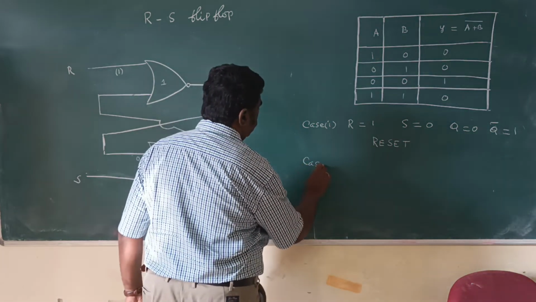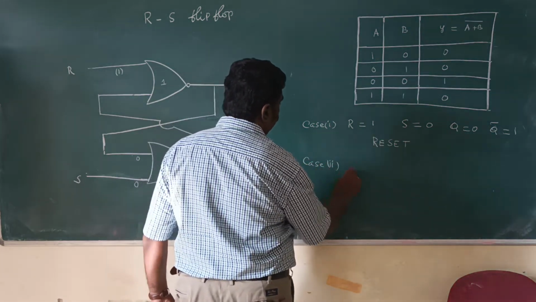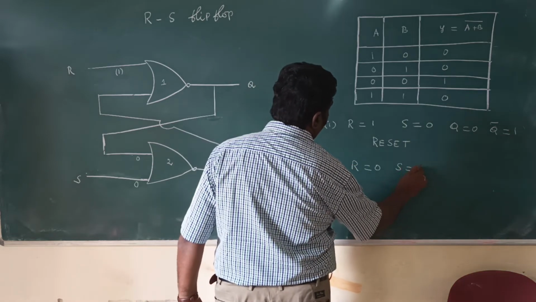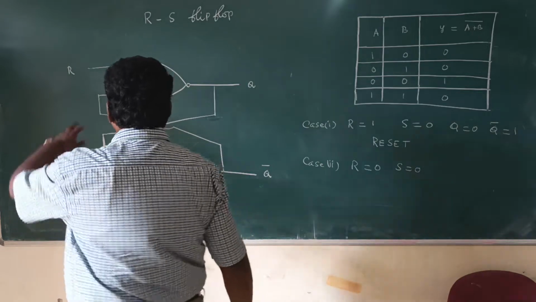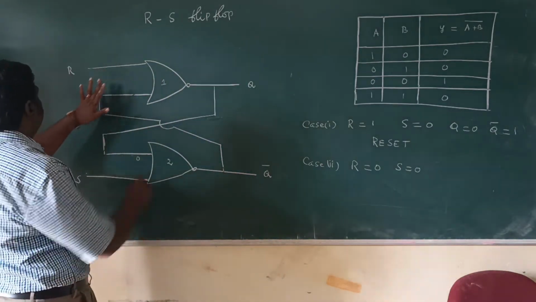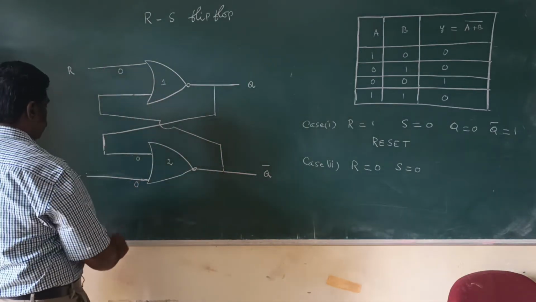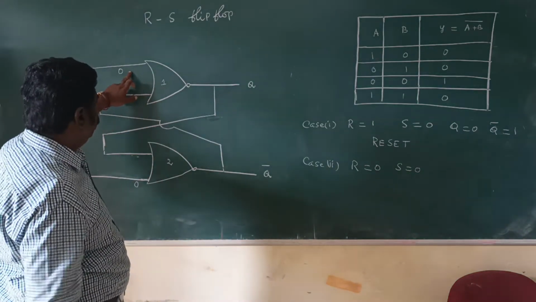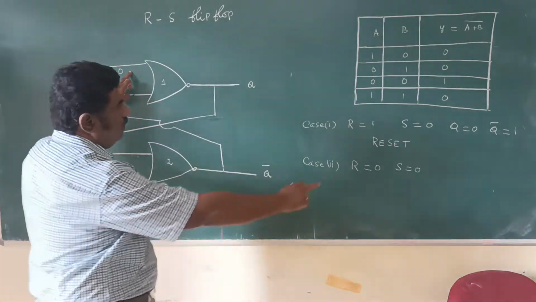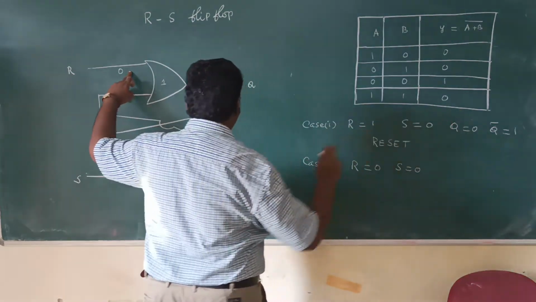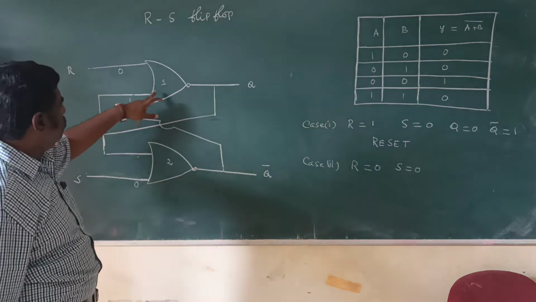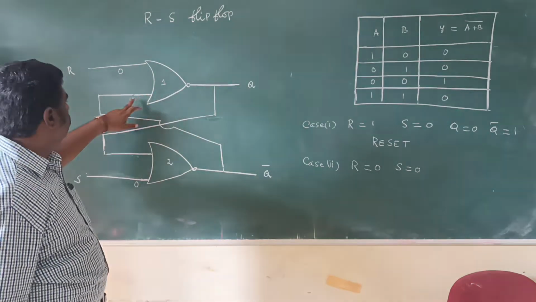Then case 2. If both the inputs are 0, R equal to 0, S equal to 0, see here R equal to 0 is one input, and at this stage another input is Q bar. In the previous case, the value of Q bar is equal to 1. So the 1 is fed to an input of the first NOR gate.